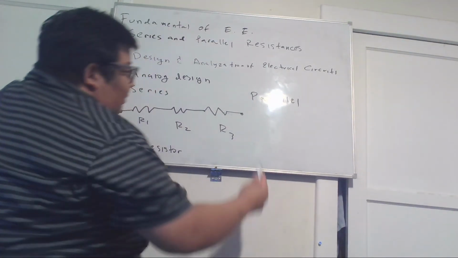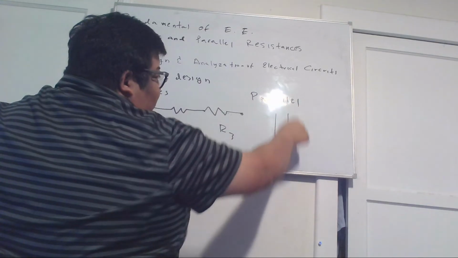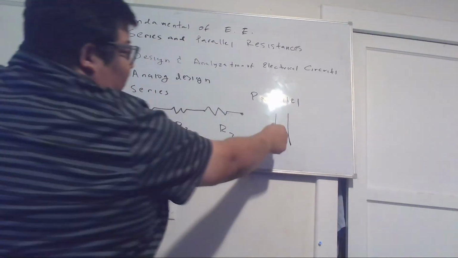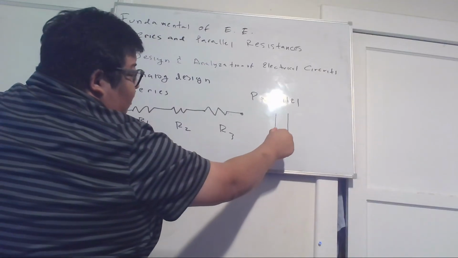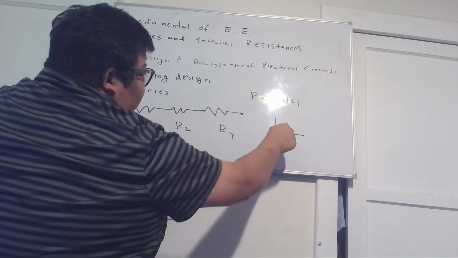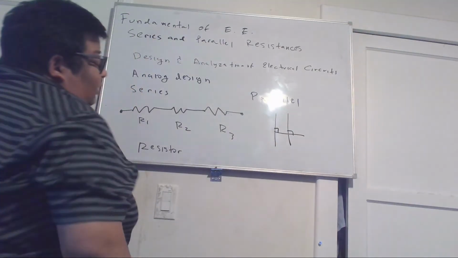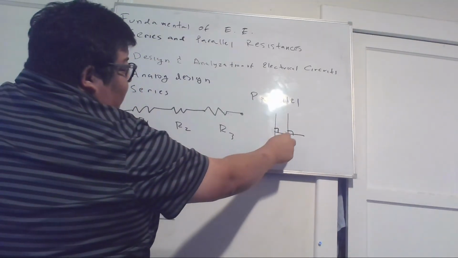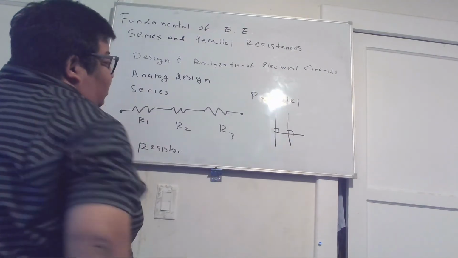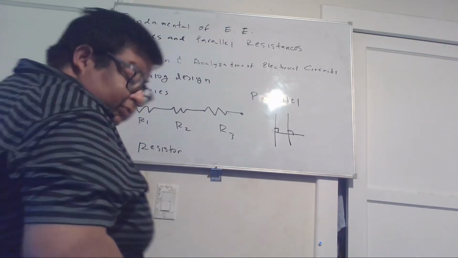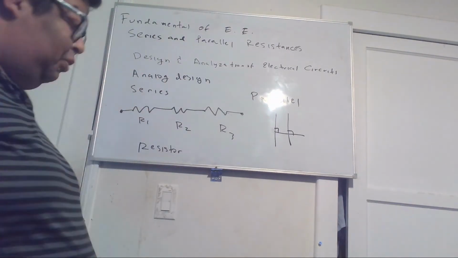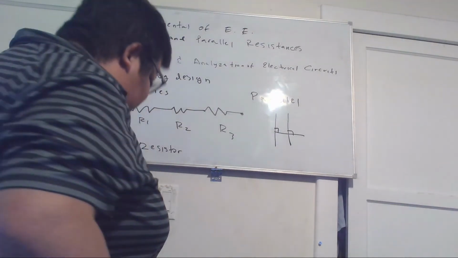Parallel, if you remember in mathematics, two parallel lines are two lines that don't touch each other, but they are 90 degrees of each other, opposite of each other. So here's 90 degrees, here's 90 degrees. That means that they never touch. So that's what we learn in mathematics.